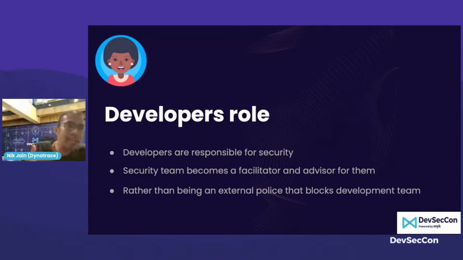And it actually enables the developer, rather than add more roles to their day-to-day responsibilities. And this is where the security team becomes a facilitator and an advisor for the developer, rather than traditionally being seen as an external police that blocks dev teams.